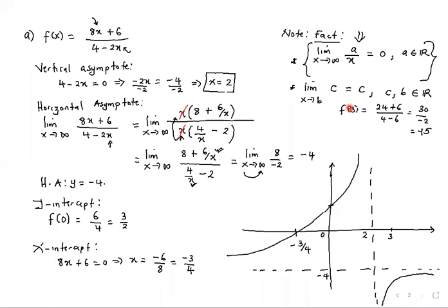What value do we get? We get negative 15. The question is, is negative 15 bigger than the horizontal asymptote or less? We find that negative 15 is less than the horizontal asymptote. This means that the graph will be on the right of 2 and below negative 4. So that's how we put it here.